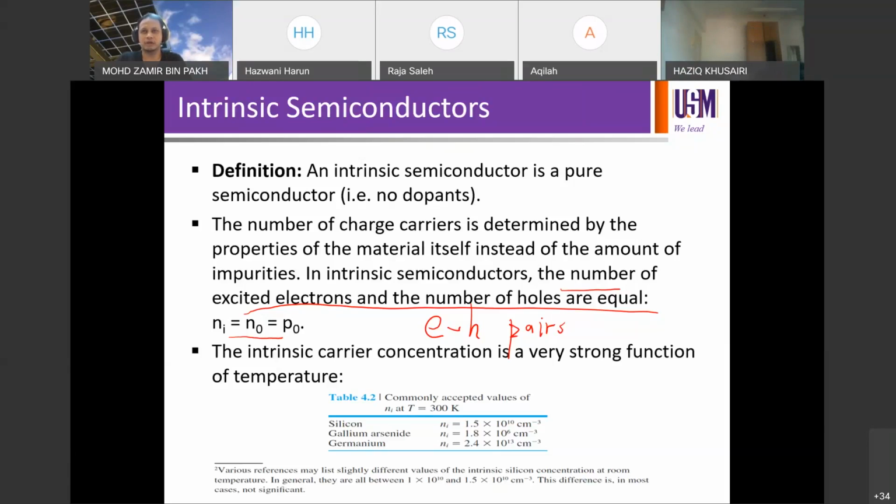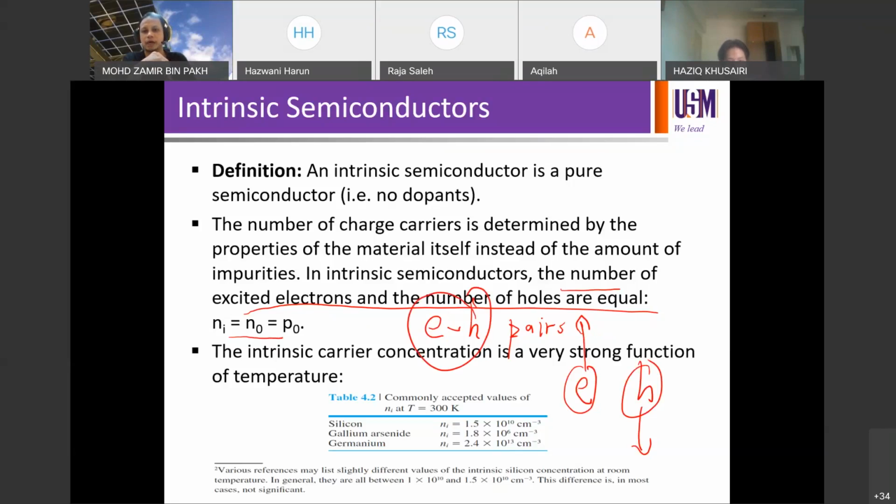So the moment you get a new excited electron in the conduction band, you will also get a new hole. So that's why the number of electrons and holes will be equal in an intrinsic semiconductor the moment you get excitation. When you break the pair, you will always get an electron and a hole. One goes into the conduction band, one remains in the valence band.